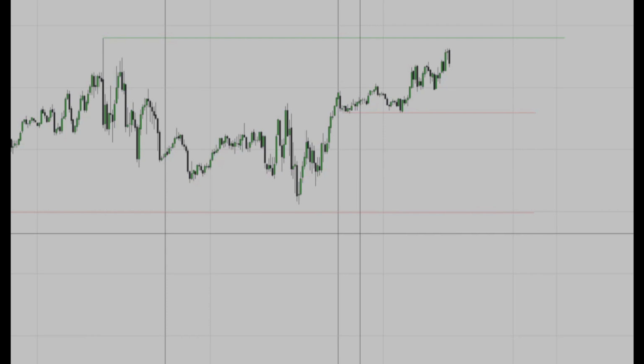So my favorite kinds of setups that I believe to be the strongest from looking at charts for over 3 years are the double bottoms and double tops, or triple bottoms and triple tops.